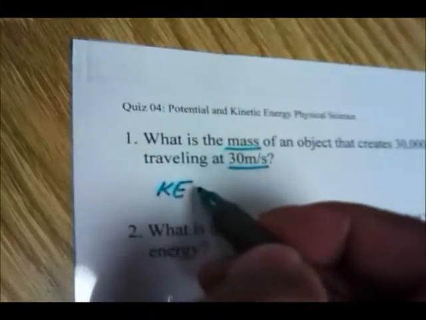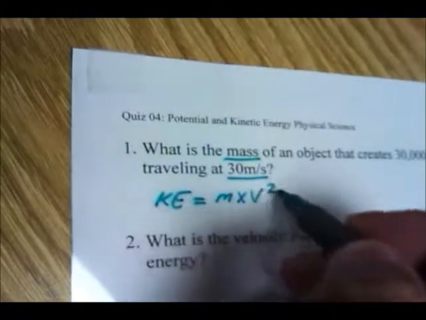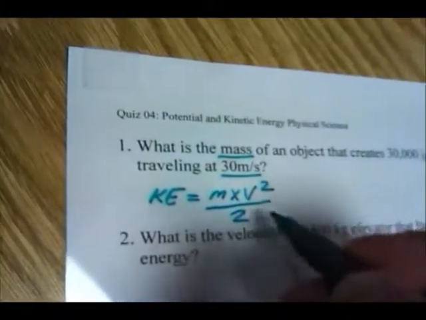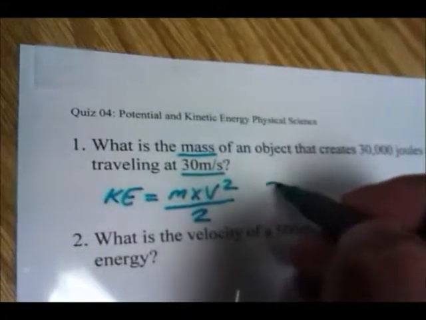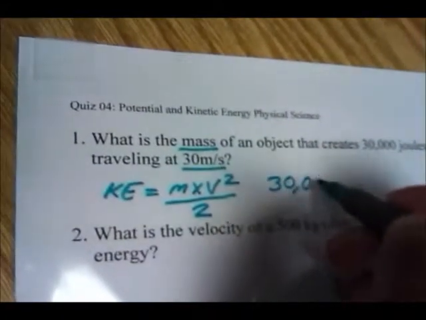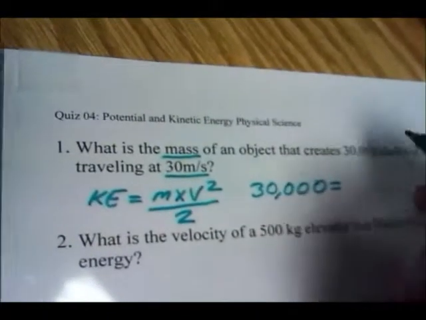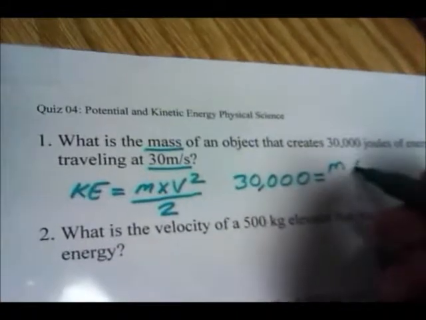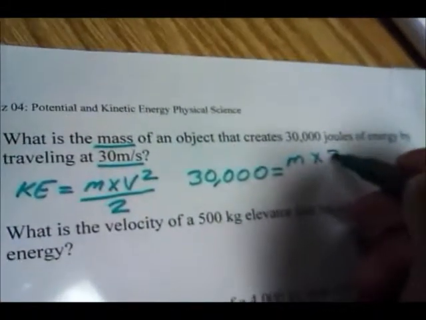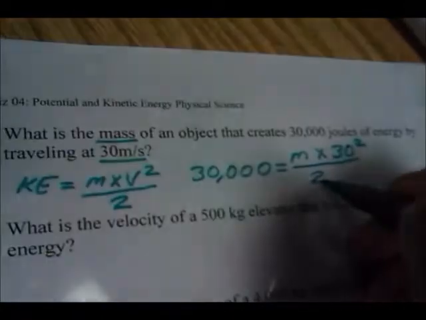KE equals mass times velocity squared divided by 2. Our kinetic energy is 30,000 joules. We're trying to solve for the mass. We're going to multiply that by the velocity, which is 30, squared, and divide by 2.